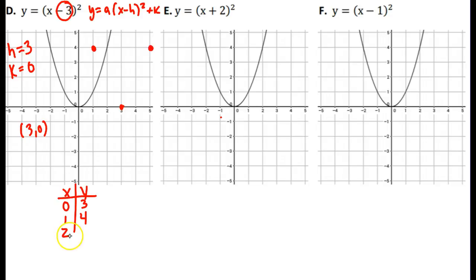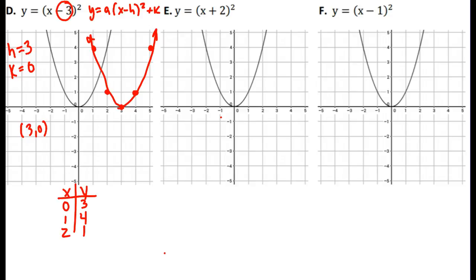Okay, so now when I put in 2, 2 minus 3 is negative 1. Negative 1 times negative 1 is positive 1. So 2 comma 1 is also a point, which means if I'm 1 to the left and up 1, I'm going to go 1 to the right and up 1. So my graph looks like that.